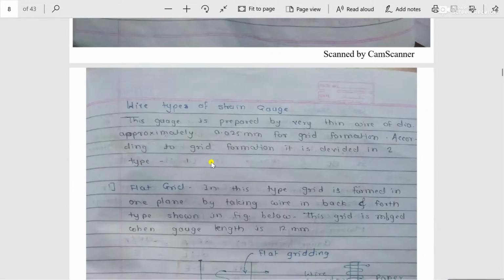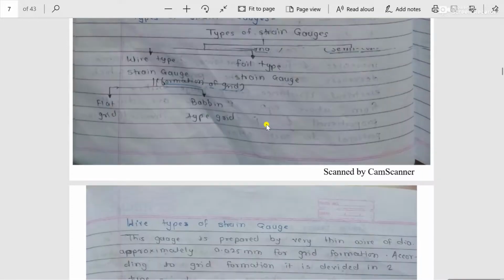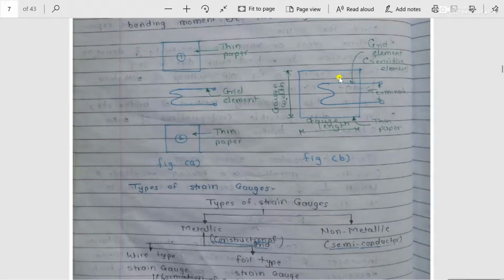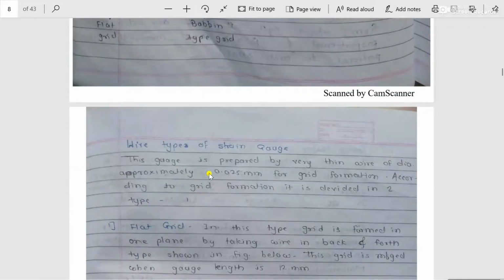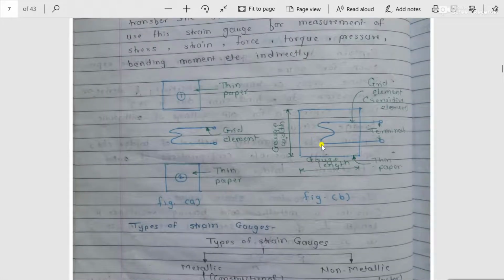So the first one is the wire type of strain gauges. What is meant by the wire type of strain gauges? Whatever strain gauges are manufactured, in that strain gauge, if the grid element is prepared by using a wire, and that wire has a very small diameter, approximately 0.025 mm, if such grid elements or sensitive elements are formed by using the wire, then this strain gauge is called a wire type of strain gauge.